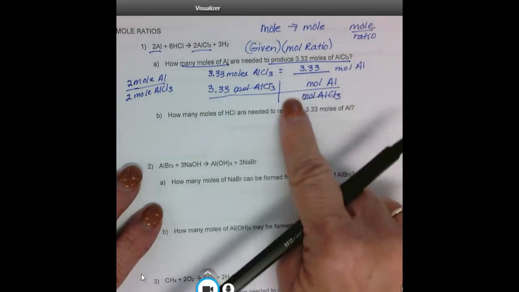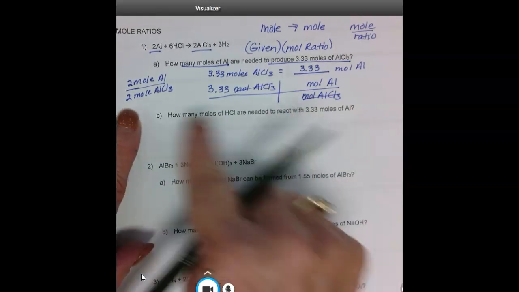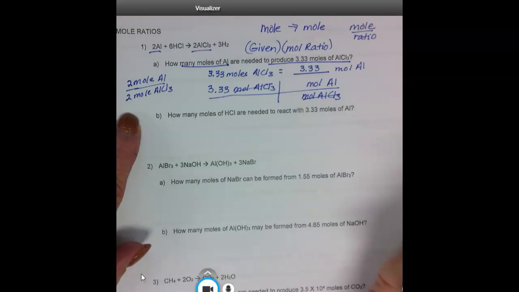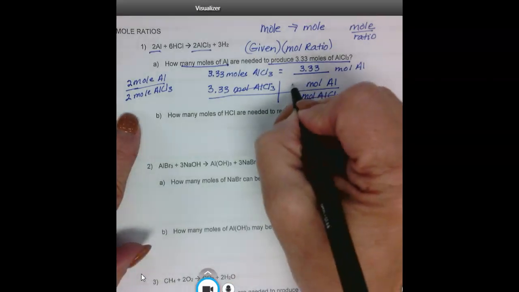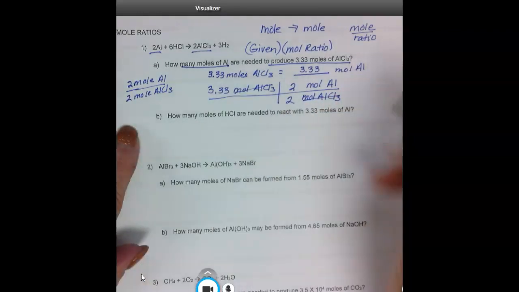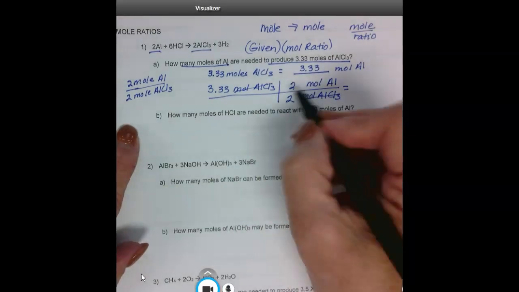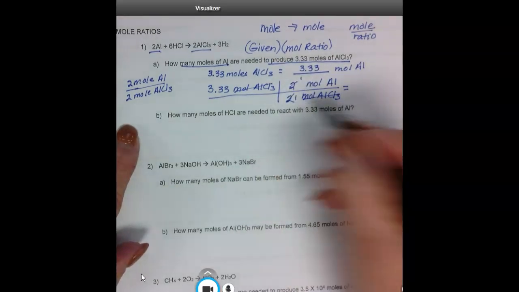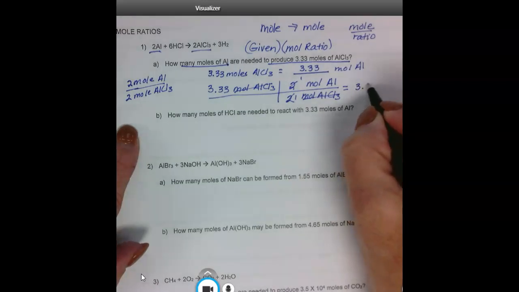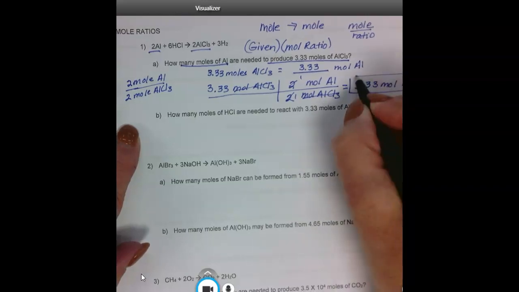Now again, I need to put my coefficients out in front here. This is not going to be that big of a deal because we just said it was a 2-to-2 or a 1-to-1. I don't care if you put a 2-to-2 there or a 1-to-1. I'm going to go ahead and put 2-to-2 just because those are the numbers here. And again, we know that 2-to-2 is a 1-to-1. And so there's my supporting work to get my answer.